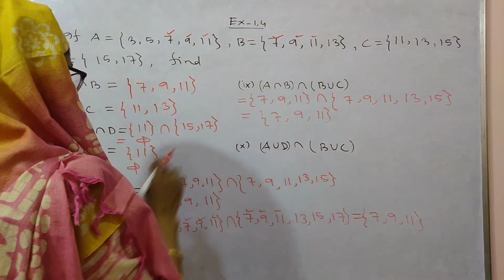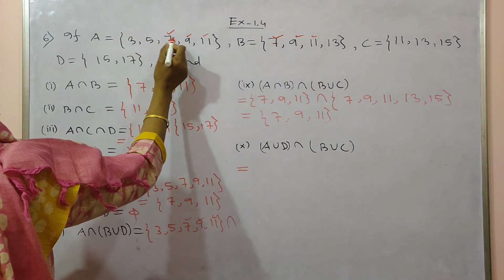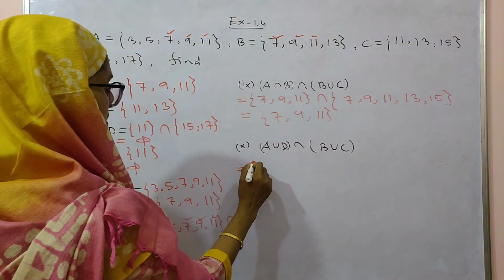Next, A union D. First you have to write A union D: 3, 5, 7, 9, 11, 15, 17.